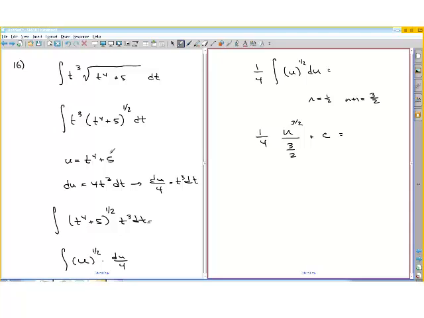And we substitute back in, u is t to the fourth plus 5. Before we do that though, dividing by 3/2 is the same as multiplying by 2/3. And so you get 2/12, which is 1/6.